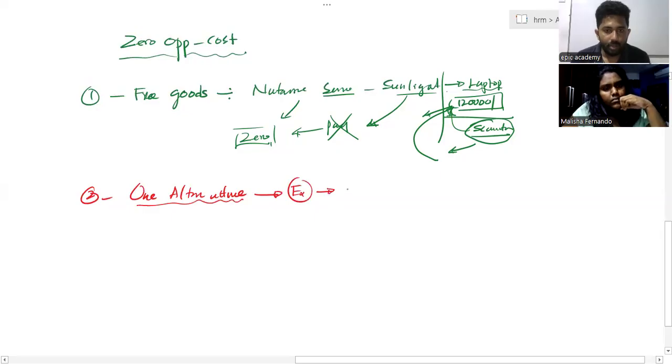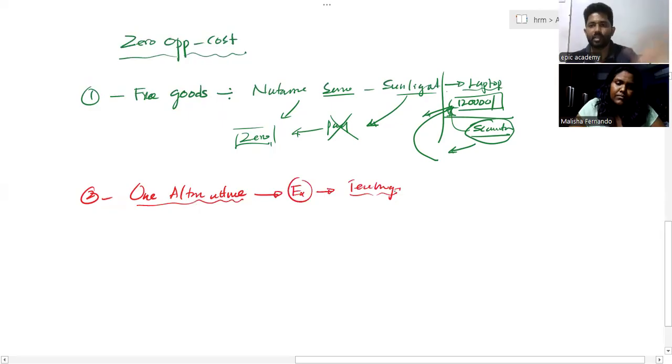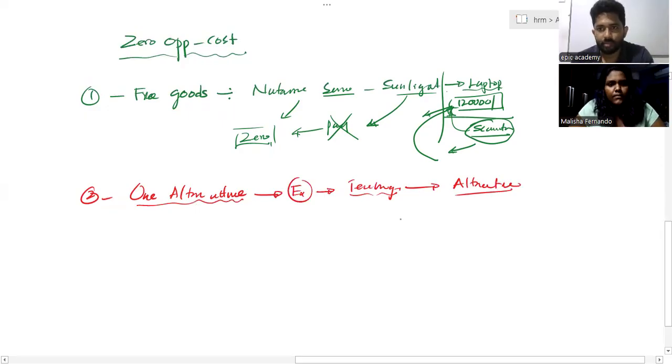So now I'm doing a teaching job. This is the only thing I can do. Let's assume the only thing I can do is economics teaching. So there are no other options. There is no alternative. If there is no alternative, there is no sacrifice. If there is no sacrifice, there is no opportunity cost. So this is the second option which you can identify. Opportunity cost becomes 0.